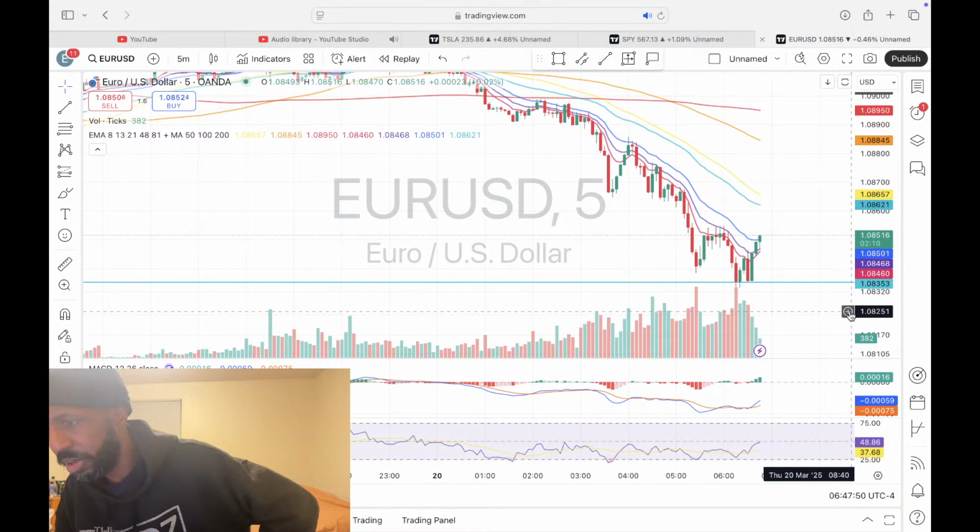Let's see how we're gonna act. I'm gonna look for the price to run up to that blue line. Let's see. Come on, Euro. At least cover the spread. There you go.